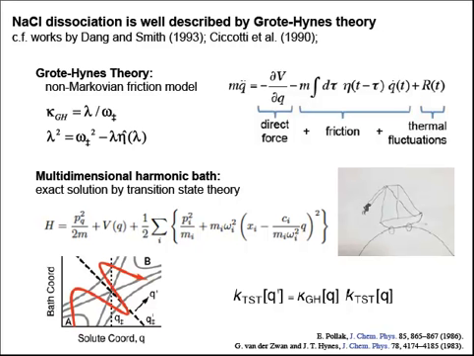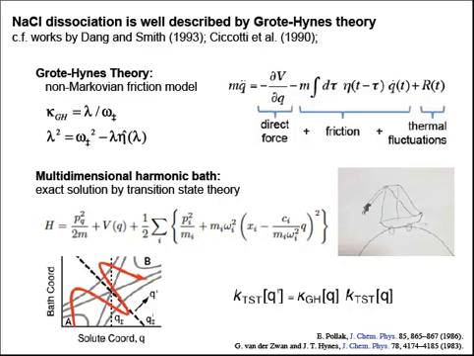Now, this result, while exact, has been interpreted in many different ways. So some people have interpreted this result to mean that the underlying system is really something like this coordinate coupled to a harmonic bath. And other people have interpreted this to say, well, this is a heuristic model, and when you find this bath, it is just a sort of heuristic model that does the same thing, and it doesn't mean that the real system behaves that way.